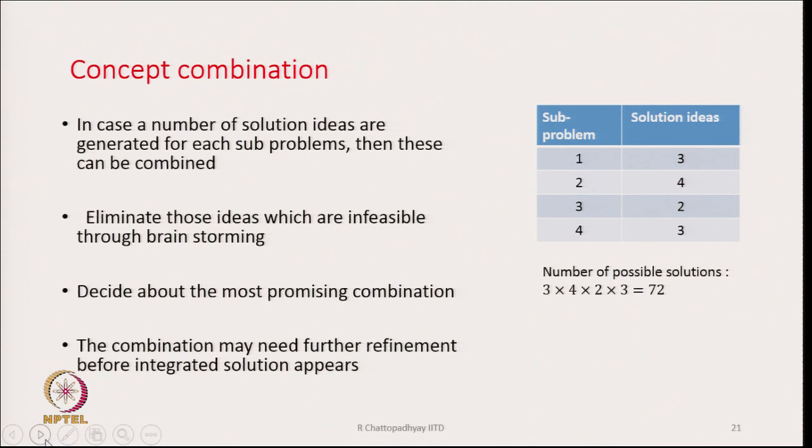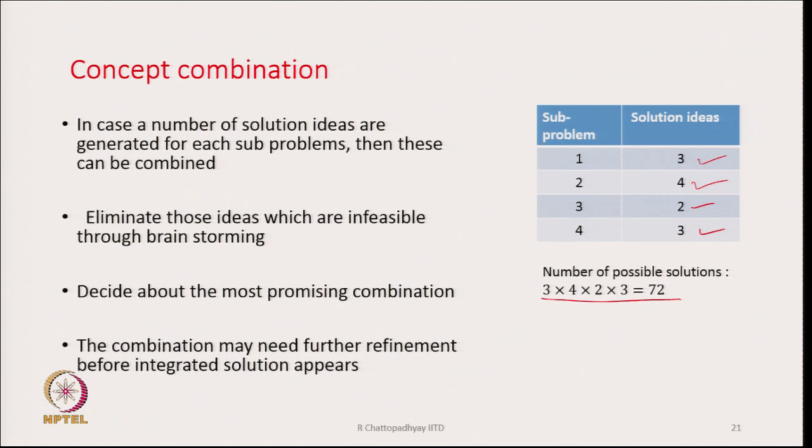Suppose for sub problem 1 there are 3 solution ideas, for sub problem 2 we find 4 ideas, for sub problem 3 there are 2 ideas, and for sub problem 4 there are 3 ideas. So, the possible solutions we will have, then how many? 72. If we combine these ideas, then we can have 72 different possible combinations.